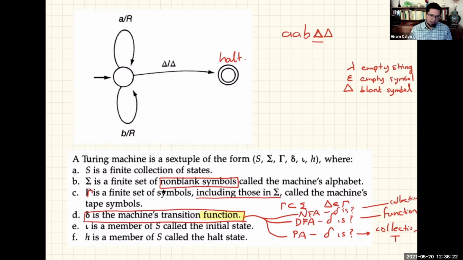Nothing. Actually, we can add this to our Turing machine, changing this if we don't have a function but a set here, and yes, you will have a non-deterministic Turing machine, and they do exist.